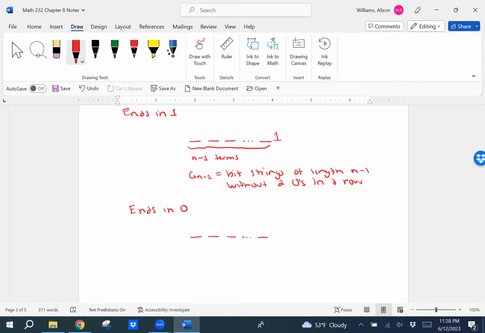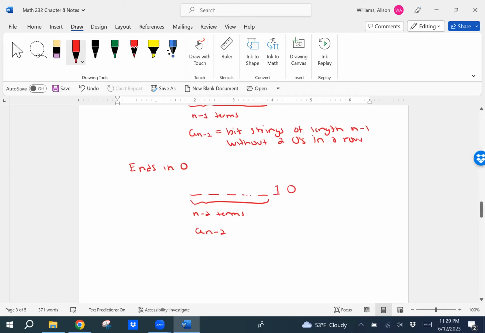It has to be the case that it ends in 1 0, which means this time this is n minus 2 terms, or a sub n minus 2. So what we now have is that a sub n equals a sub n minus 1, all the ones that end in 1, plus a sub n minus 2, all the ones that end in 1 0, and we have a recurrence relationship again.